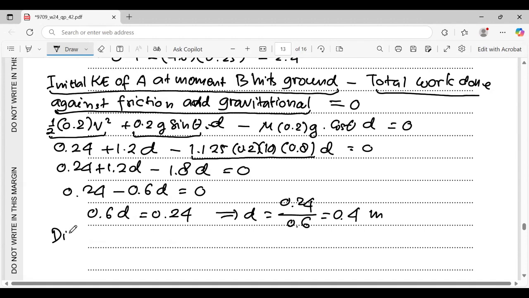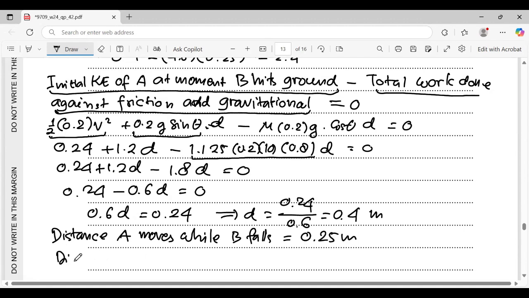So the distance A moves while B falls is 0.25 meters.